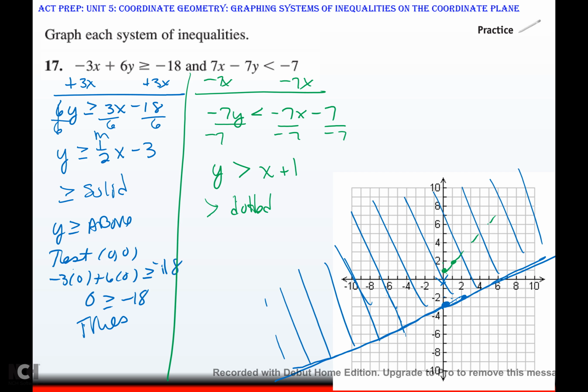So dot, dot, dot, dot. And eating y would shade above, but I should test 0, 0. So 7 times 0 minus 7 times 0 less than negative 7. Is 0 less than negative 7?